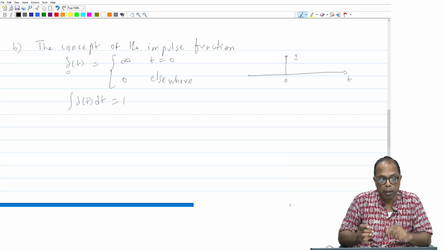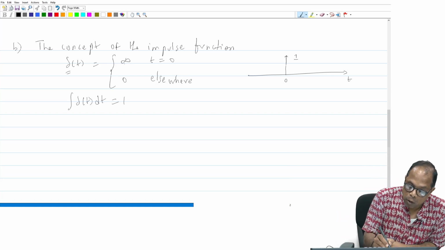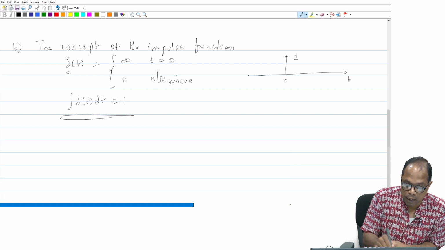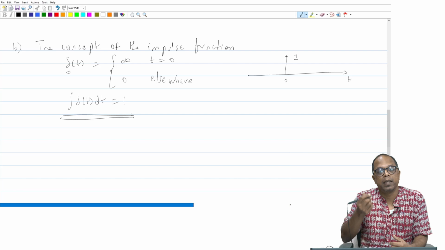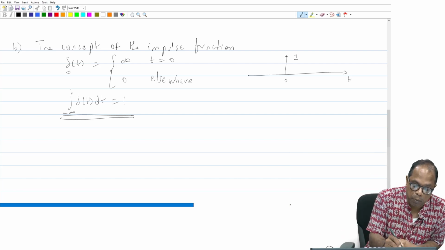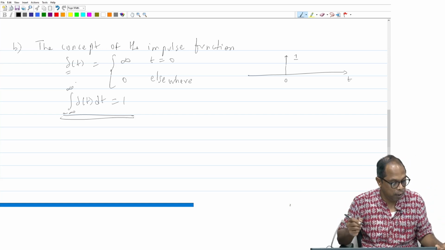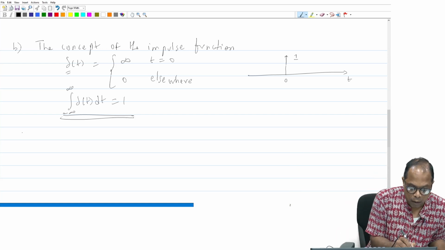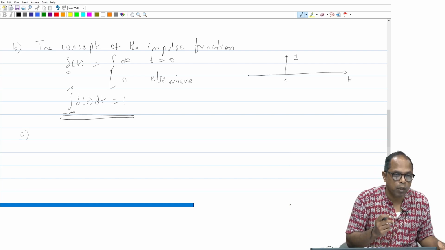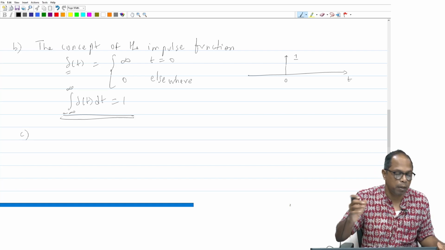Although it is infinity at t equal to 0 and 0 elsewhere, this saves us: if you integrate delta of t dt from minus infinity to plus infinity, you get a value of 1. We will use that later to illustrate the concept of an impulse propagating.